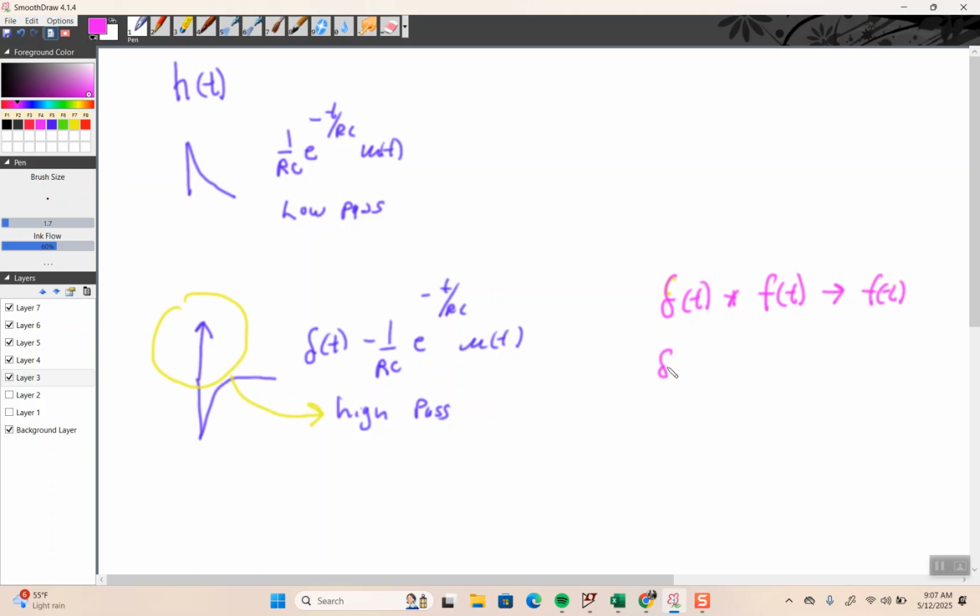So if I convolve a delta with a step, I get a step which has the edge, right? High pass filters are edge detectors, right?